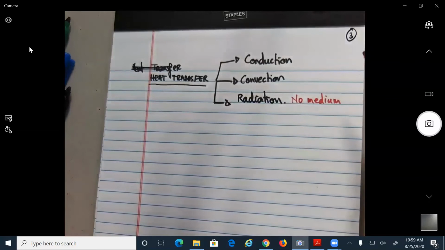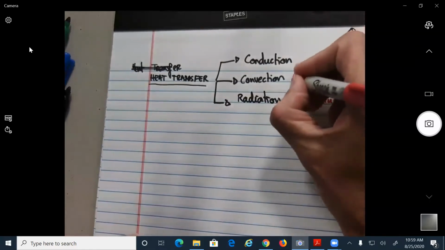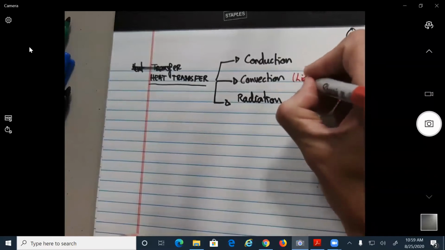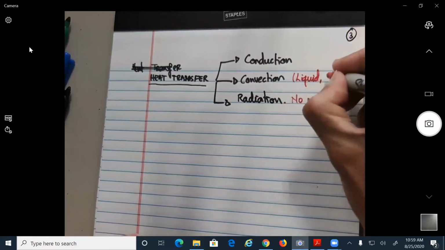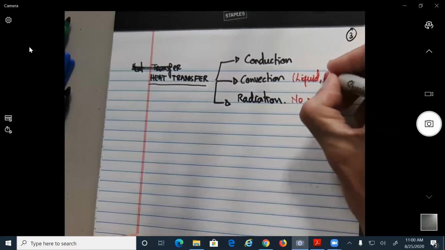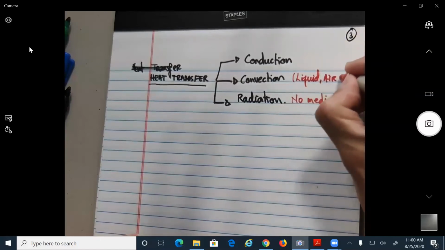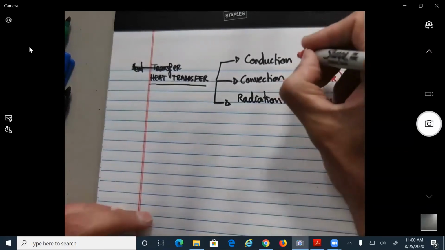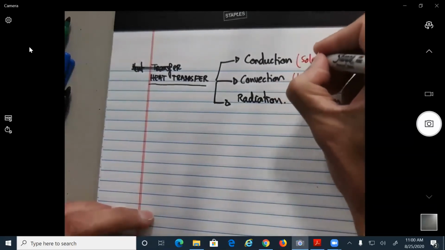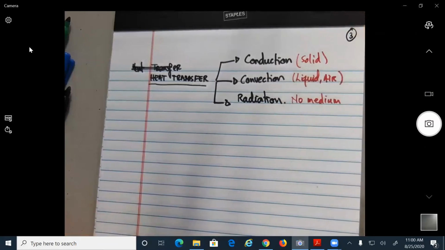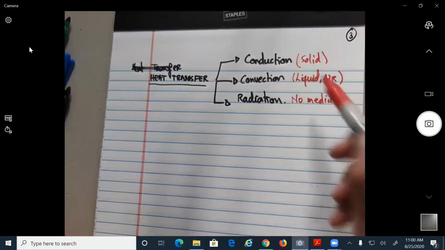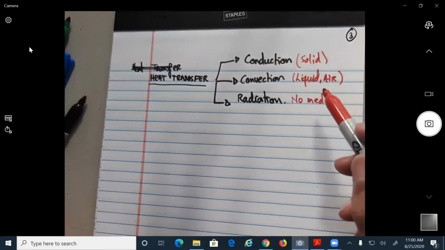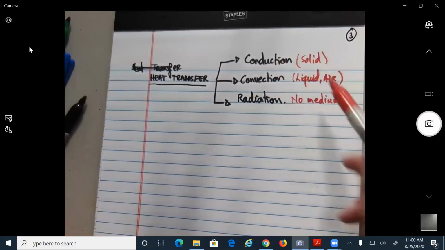Convection deals with what? If you want, with liquid or air mediums. So basically it's a substance that can move. And conduction will deal with what? With solid mediums or solid materials. For example, you will try to conduct through copper, steel, aluminum, no? Different materials. So we do a little bit of this.